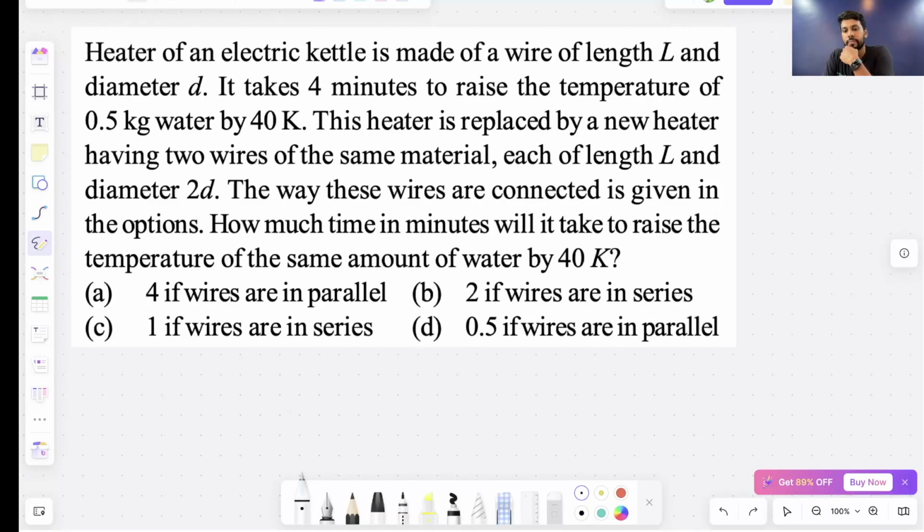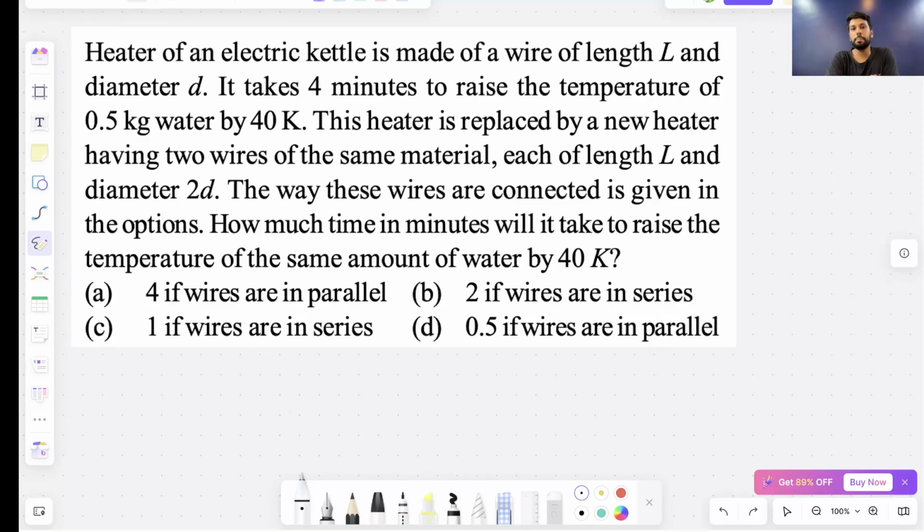Now let us talk about the second question here. In an electric kettle, a heater of an electric kettle is made up of a wire of length L and diameter D. It takes 4 minutes to raise the temperature of 0.5 kg of water by 40 Kelvin.